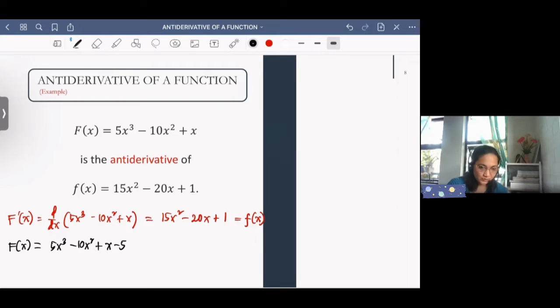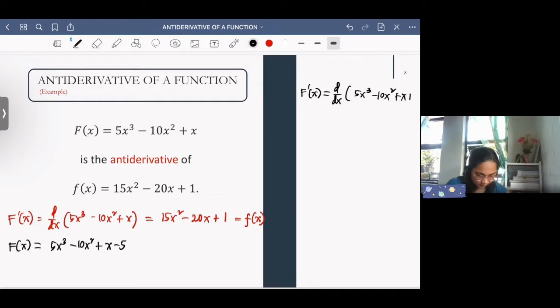Because if you check the derivative of capital F, we have capital F prime of x equals the derivative of this function with respect to x. This is equal to, let me just copy this one, minus 5, which is also equal to, by power rule, let's go directly to the derivative of this function. We'll have 15x squared minus 20x plus 1 also, which is also equal to our small f of x.